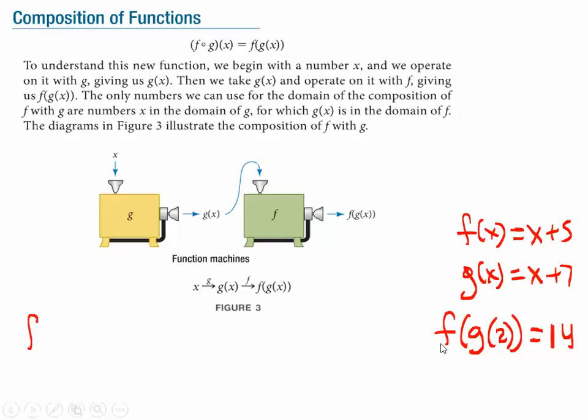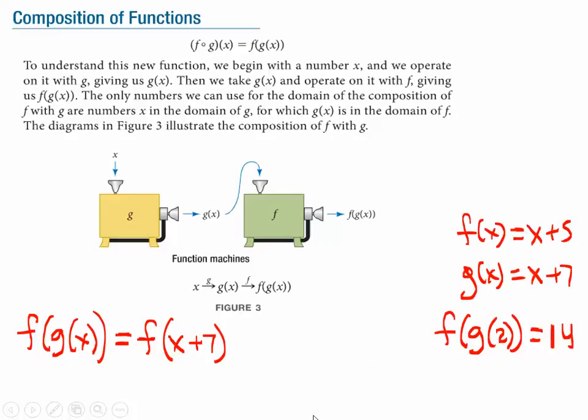What we want to do is do that for the function as a whole. We want to put these two functions together as one single function. And so let's see what's going to happen here. The equation for the g of x, notice this is g of x now, not g of 2. This is g of x. G of x, the formula is x plus 7. Good there? We're going to take this x plus 7 and we're going to plug it in to this little x right here.